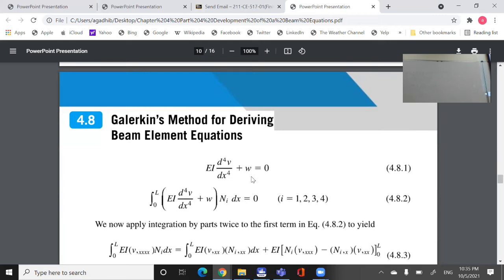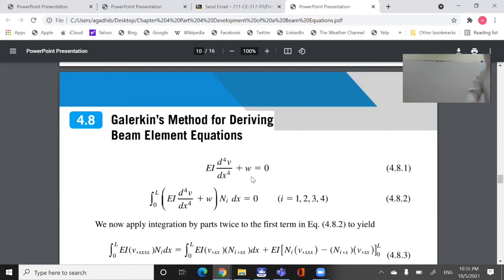It says here, let's read. We need only to read. We now apply integration by parts twice to the first term. Oh, to the first term. This is the second term. The first term is EI, fourth derivative, Ni dx. The second term is the integration of W Ni dx. So here, all of this is what? Integration by parts of the first term.